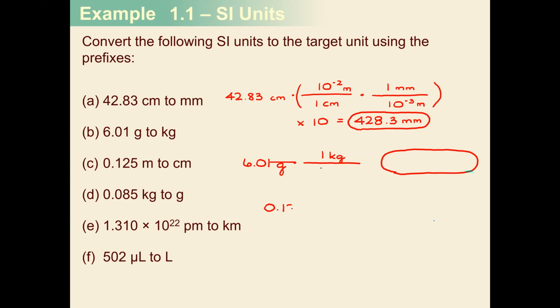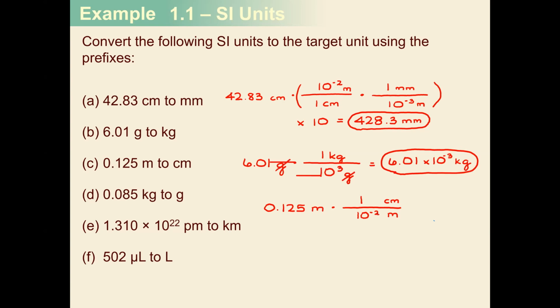Notice that I have 0.125 meters, and I'd like to go to centimeters. That means I need to put centimeters on top and meters to cancel on the bottom. So based off of this, I need to have 1 centimeter is going to be what? Well, that is 10 to the minus 2 meters.